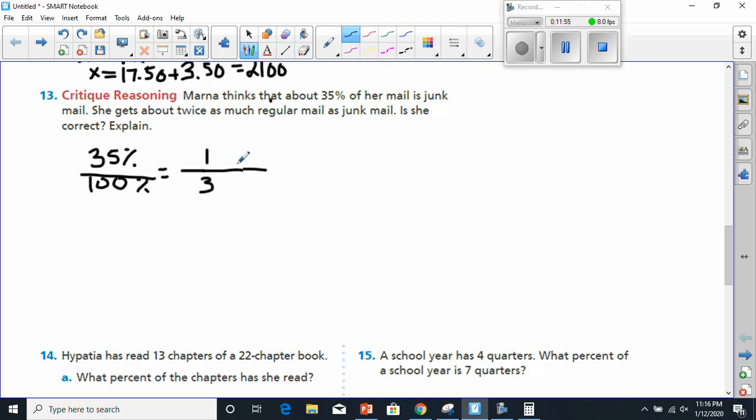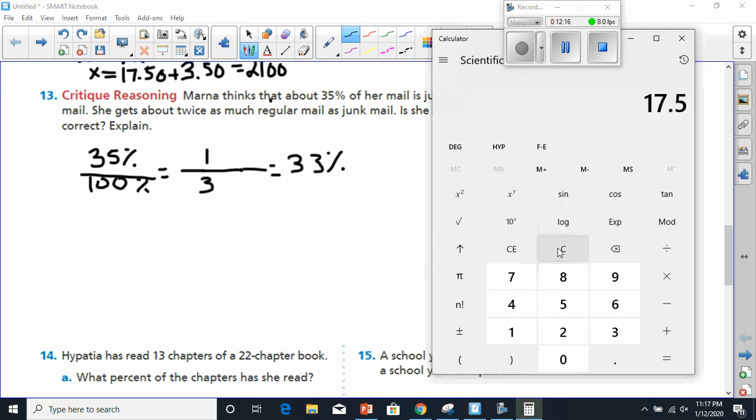So is 35% close to 1/3? Because we're wanting to see if the statement is true. Well, 1/3 is really equal to about 33%. I can check that on my calculator, 1 divided by 3, and that gives me 0.33, which would be 33%.